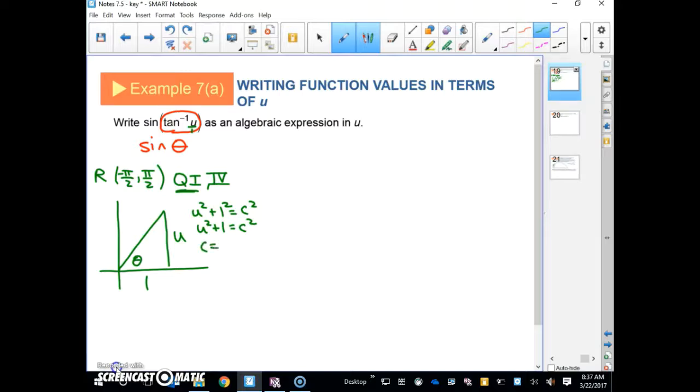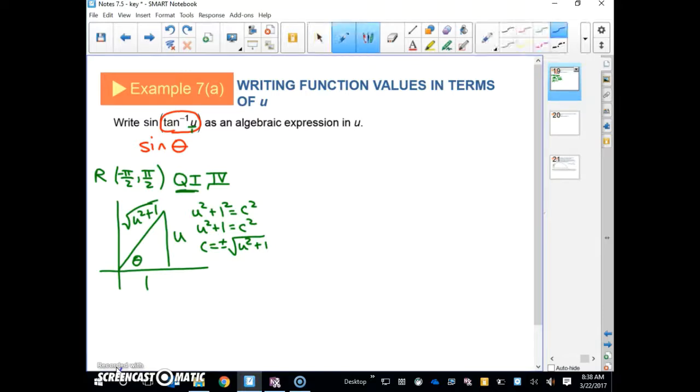C is going to equal the plus or minus square root of u squared plus 1. I know that's an ugly looking expression, but that's what we've got. And since the radius here, or the hypotenuse, will never be a negative number, we just know that's going to be just the regular square root of u squared plus 1. That's your hypotenuse.